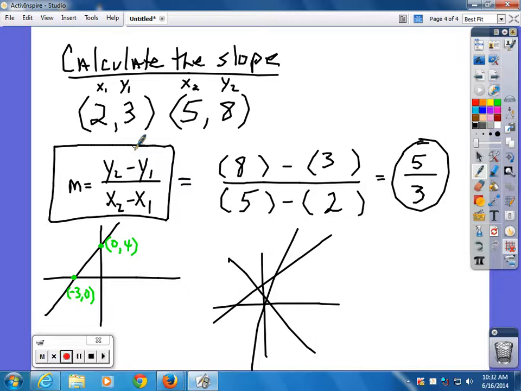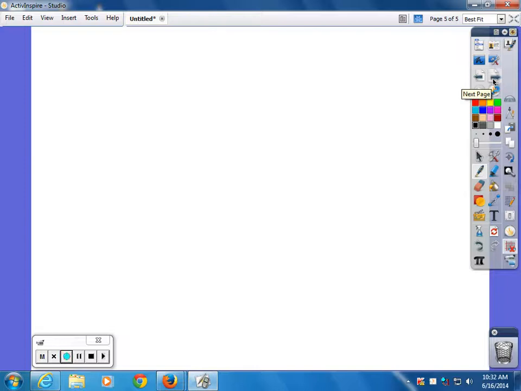Now, there's a couple other things I want to show you before we get to how to graph. And that is find an equation.